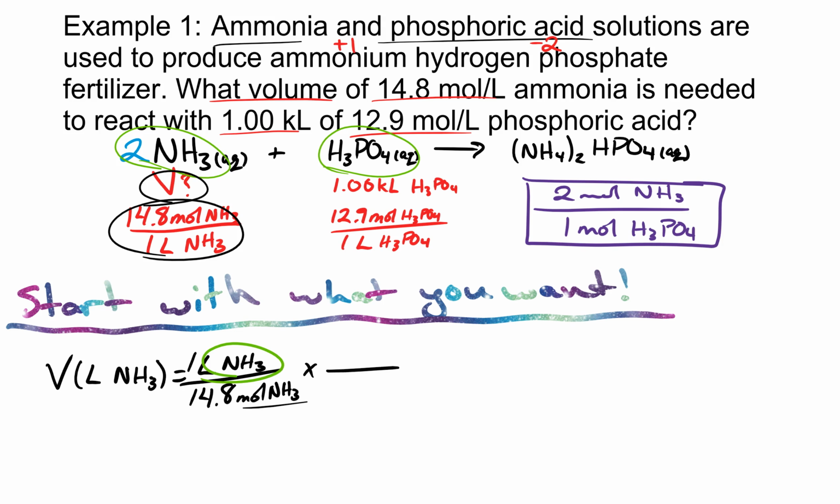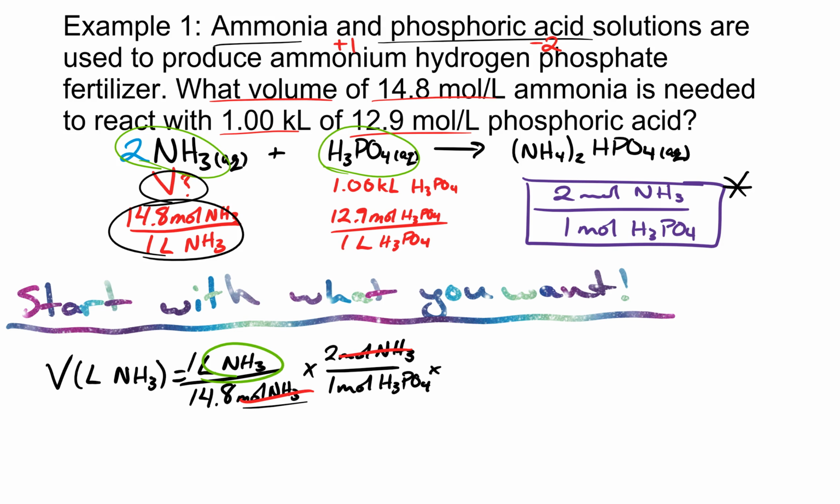How do I get rid of moles of ammonia? We're going to use our molar ratio. 2 moles of NH3 will react with 1 mole of H3PO4. Perfect. So moles of ammonia cancel out. We turned it into moles of phosphoric acid.